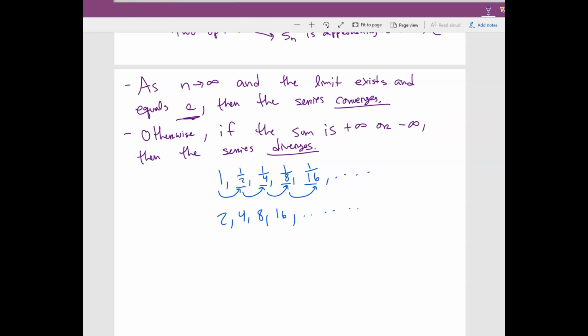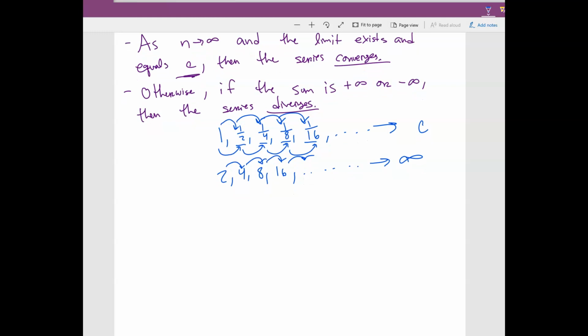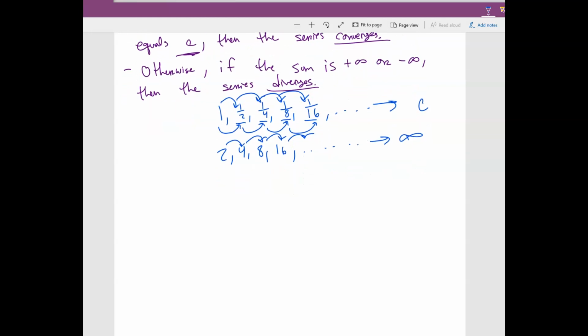Okay, so basically when you see that my sequence of numbers is getting smaller and smaller, you can imagine that this is going to go to a number c. Whereas if you have a sequence of numbers that's getting larger and larger, then this might be going to infinity. Okay, so when does the geometric series converge?